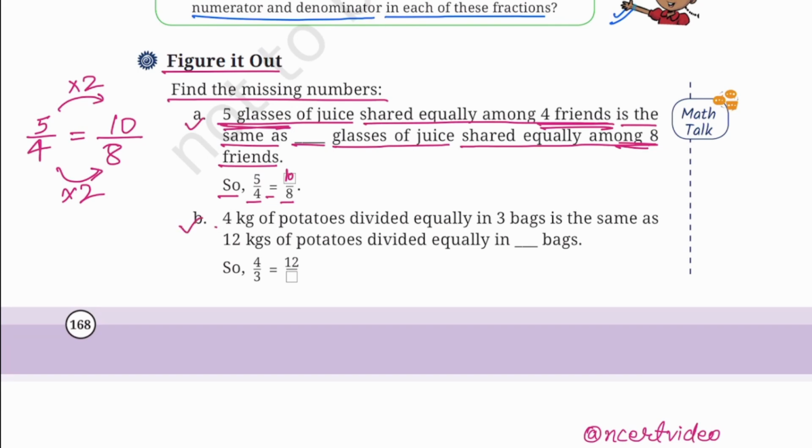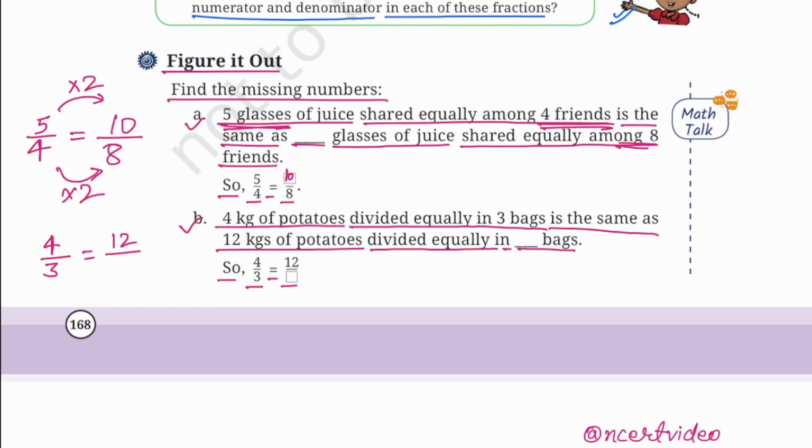B. 4 kg of potatoes divided equally in 3 bags is the same as 12 kilograms of potatoes divided equally in dash bags. So 4 upon 3 is equal to 12 upon dash. 4 kg potatoes divided in 3 bags.